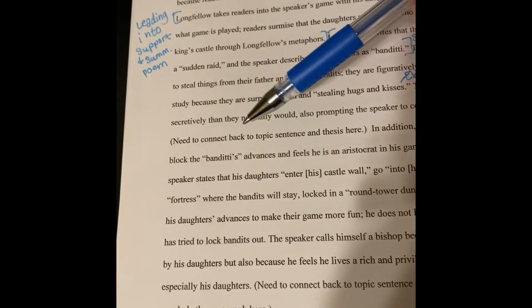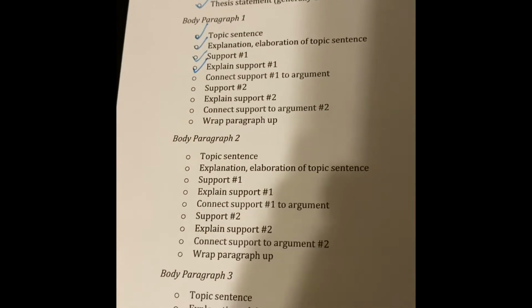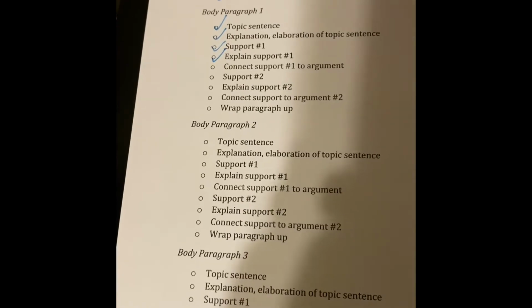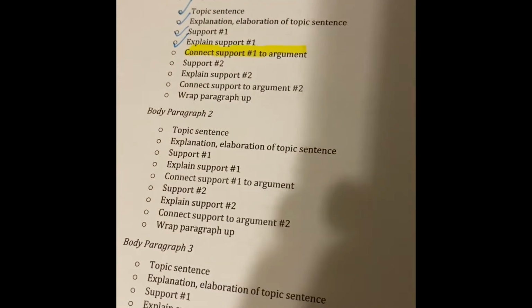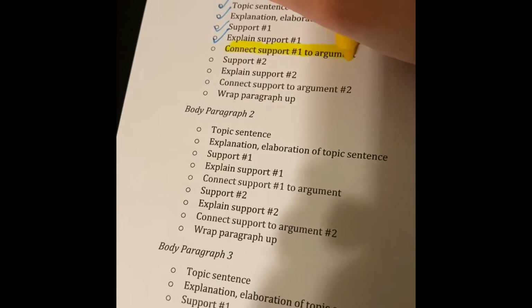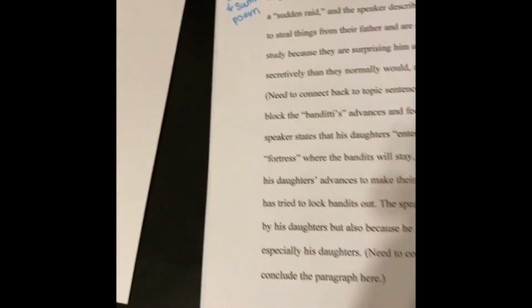But I said, need to connect back to topic sentence and thesis here. So I know that I need to take out my highlighter and highlight that. That's something that I do not have yet. Yes, I'll need to go back and do that later.